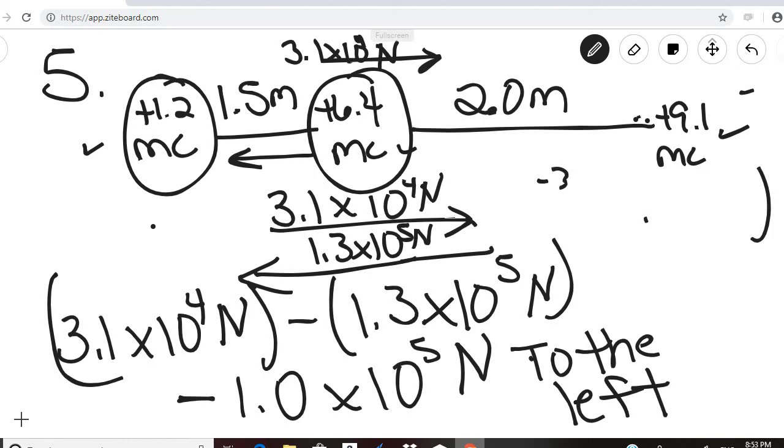Yeah, so it comes out to negative 99000. And I guess we can have two significant figures.